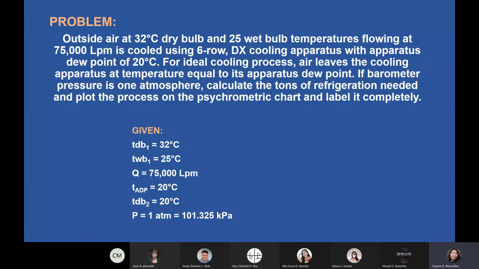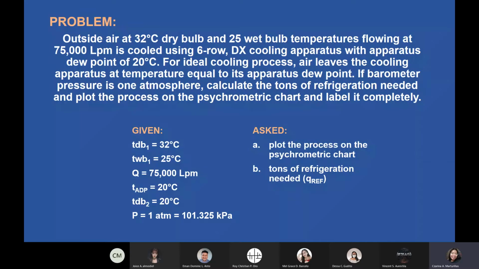The apparatus dew point is 20 degrees Celsius, as well as the final dry bulb temperature of the air after the process. The barometric pressure is 101.325 kilopascals. We are asked to plot the process on the psychrometric chart and find the tons of refrigeration needed.